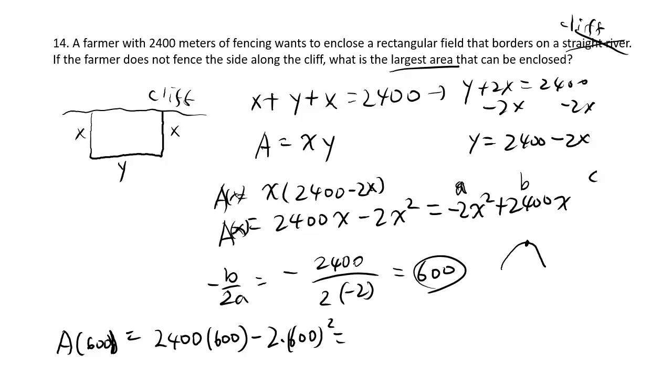Well, that's 6 times 24, that's 144, so 144 followed by zeros, and then 36,000 times 2 is 72,000. So you end up with 72,000 square meters. So that's the answer.